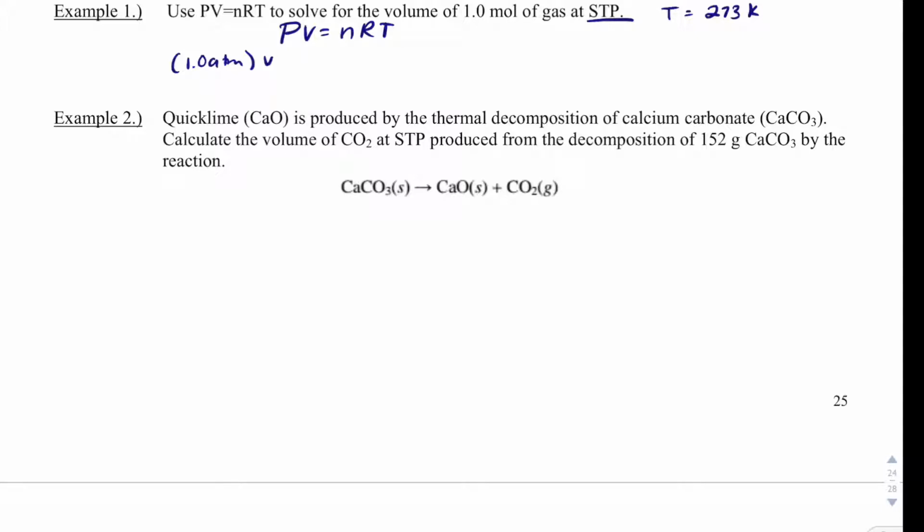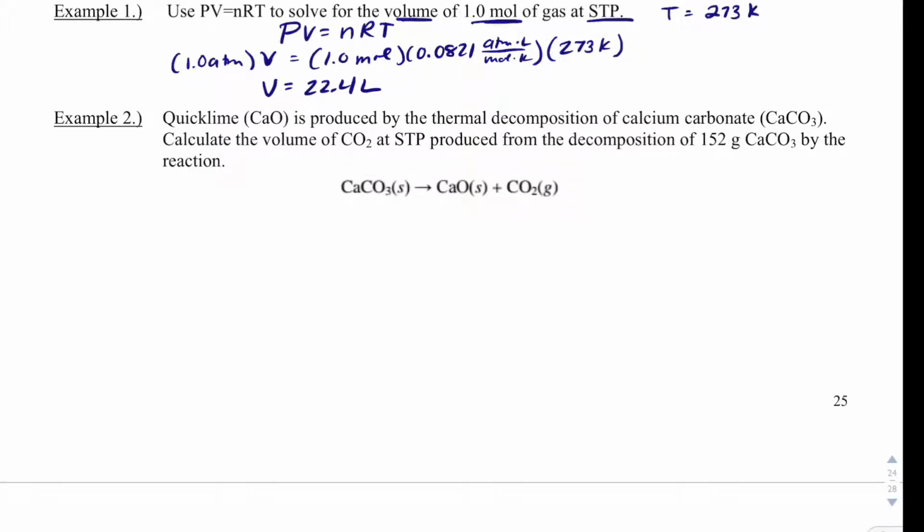We're going to solve for volume. We have 1 mole. And R is 0.0821 atm times liters divided by moles times Kelvin. And the temperature is 273 Kelvin. When I solve this out, my volume is actually 22.4 liters. And so that's where that number comes from.